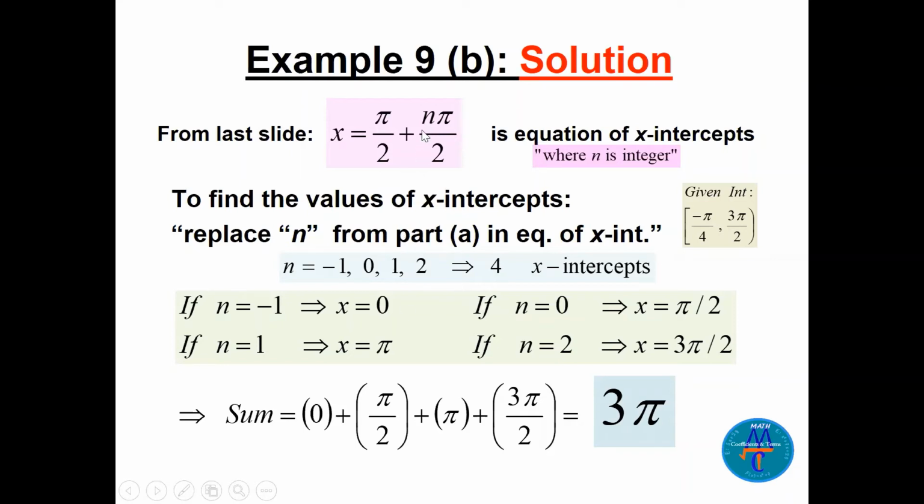If n is 0 here, x will be pi over 2, because we are finding the x-intercept. If n is 1 here, x will be pi. If n is 2, x will be 3 pi over 2. So I add all the values of x, 0, pi over 2, pi, 3 pi over 2. The LCD here is 2, so this becomes 2 pi over 2, and it will be 6 pi over 2, which is 3 pi as the sum.